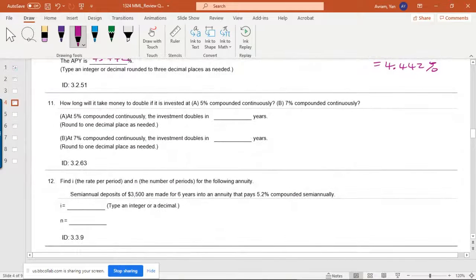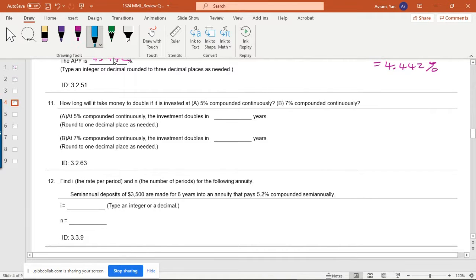Okay, number 11. How long will it take money to double if you invest at 5% compounded continuously or 7% compounded continuously?